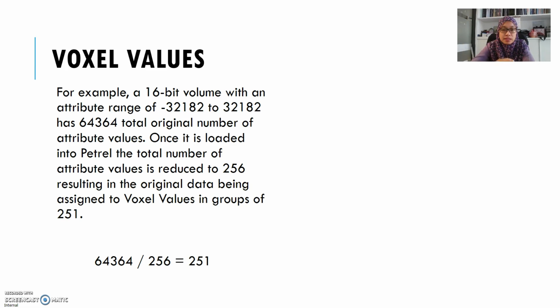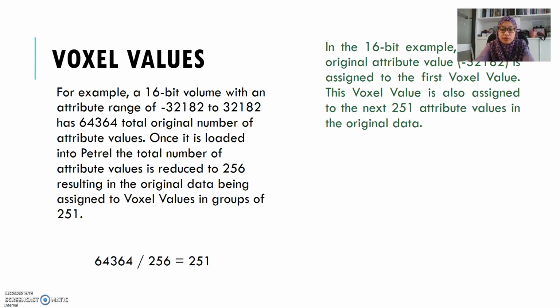Once it is loaded into any interpretation software, the numbers are reduced to 256 cubes or pixels. Each pixel will be assigned 251 samples. So you have 256 cubes and each cube has 251 samples.